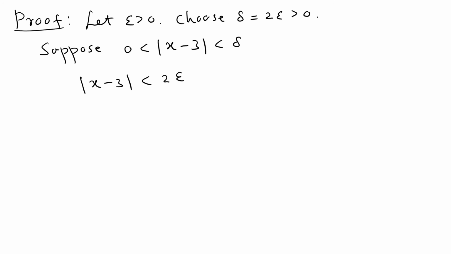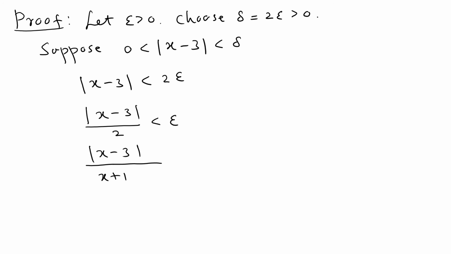Now we can divide both sides by 2. So we can write this as the absolute value of x minus 3 divided by 2 less than epsilon. And then since 1/2 is the largest value, we can replace this by the absolute value of x minus 3 over the square root of x plus 1 plus 2, less than epsilon.